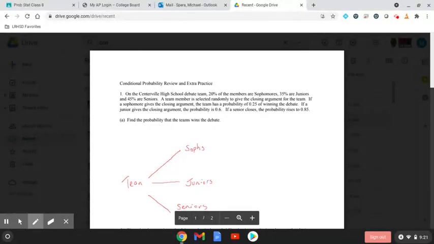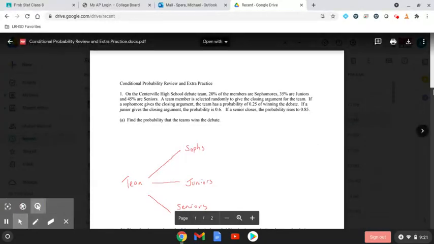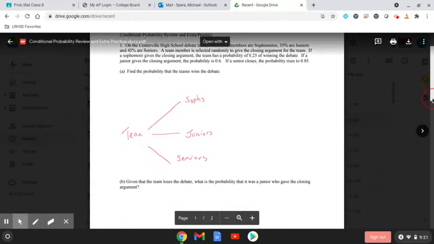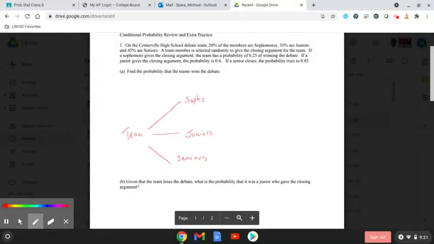We have the probability that if we were to randomly select a member of this team, what are the chances that it is a sophomore or a junior? So basically, it's the proportionality, the makeup of the team. The team is made up of 20% sophomores, 35% juniors, and 45% seniors.